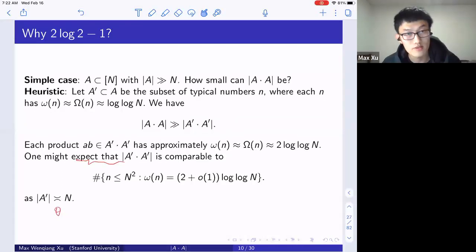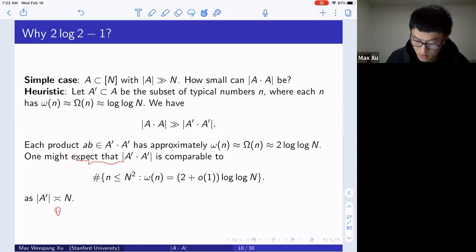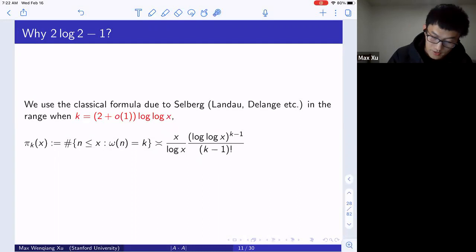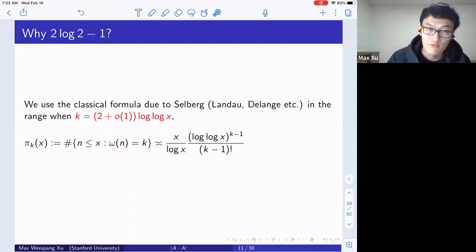Any questions for this heuristic argument? Okay, if not, then I want to say how 2 log 2 minus 1 appears here. There's a classical formula for counting the number of integers up to x such that the omega function is k.